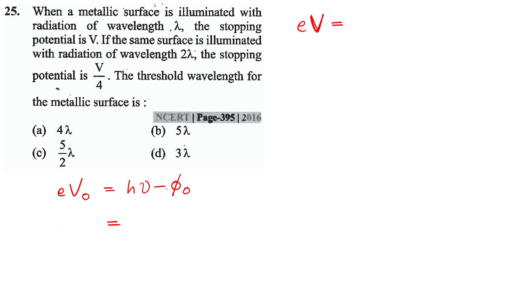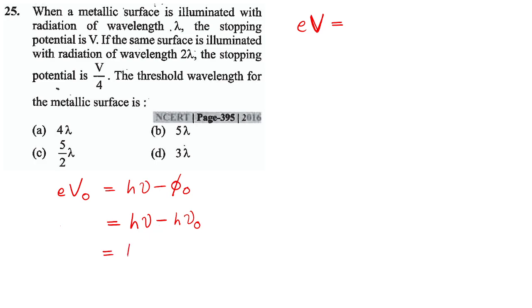So let me do one modification on the right hand side. h mu minus phi 0; we have studied that phi 0 is h mu 0. And they talk about wavelength lambda, so I want to replace the frequency.